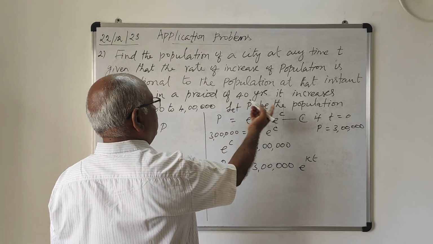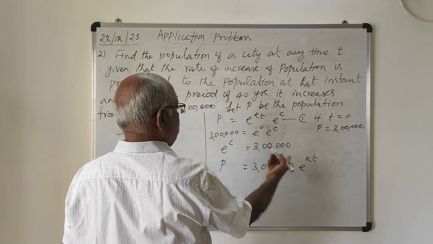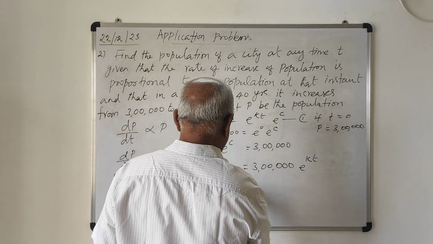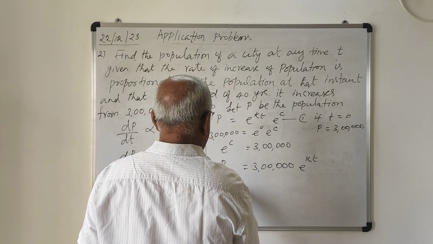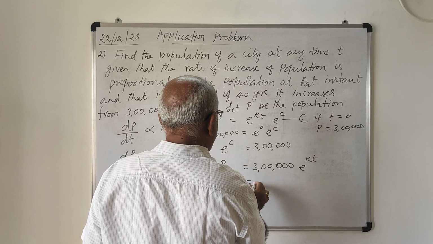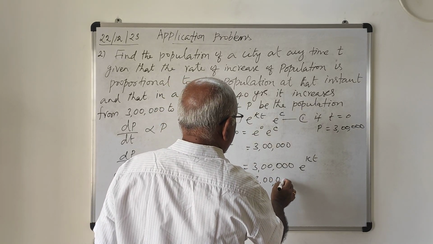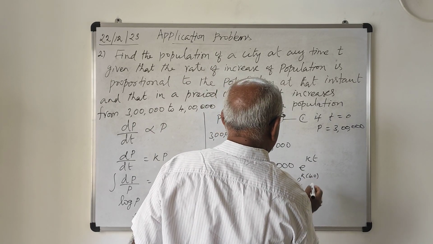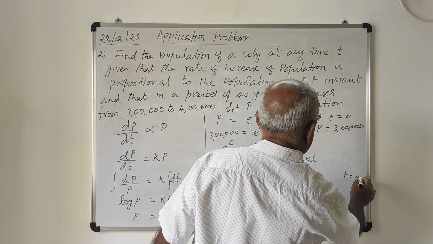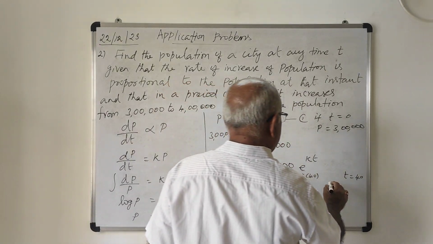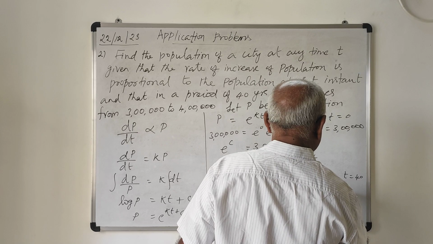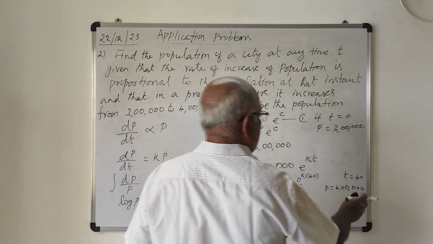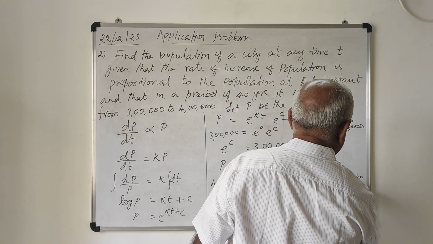Now, the population increases from 3 lakhs to 4 lakhs in 40 years. Therefore, when t equals 40, p becomes 4 lakhs. That is, 4 lakhs equals 3 lakhs into e power 40k.